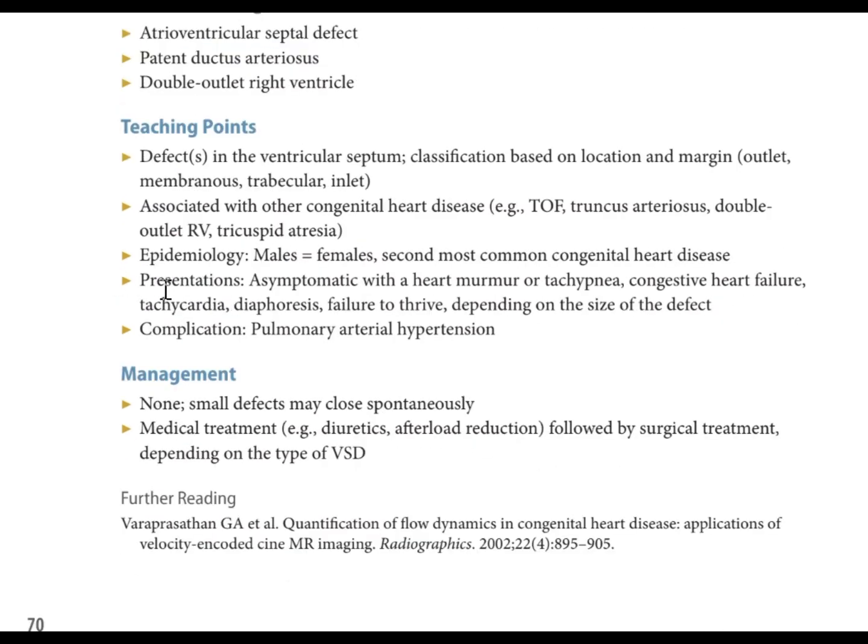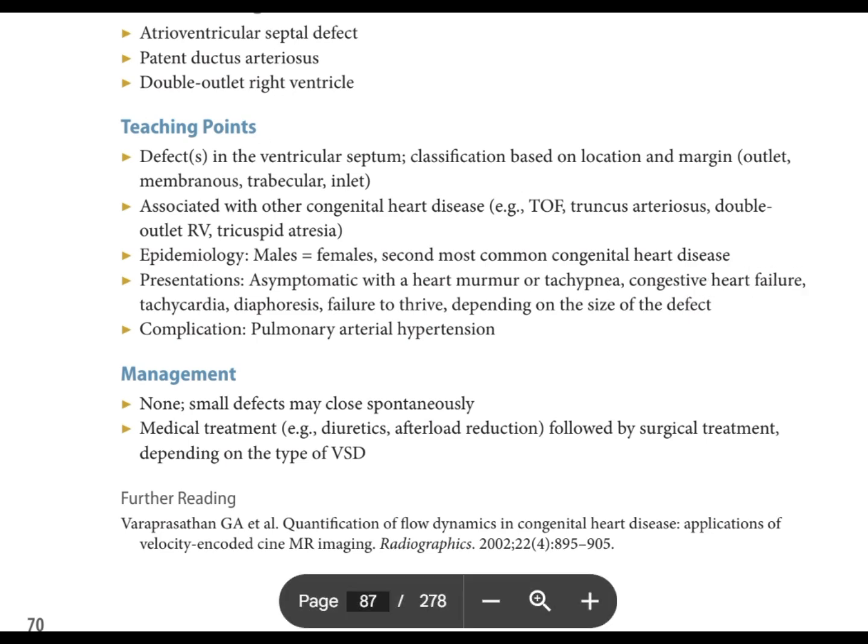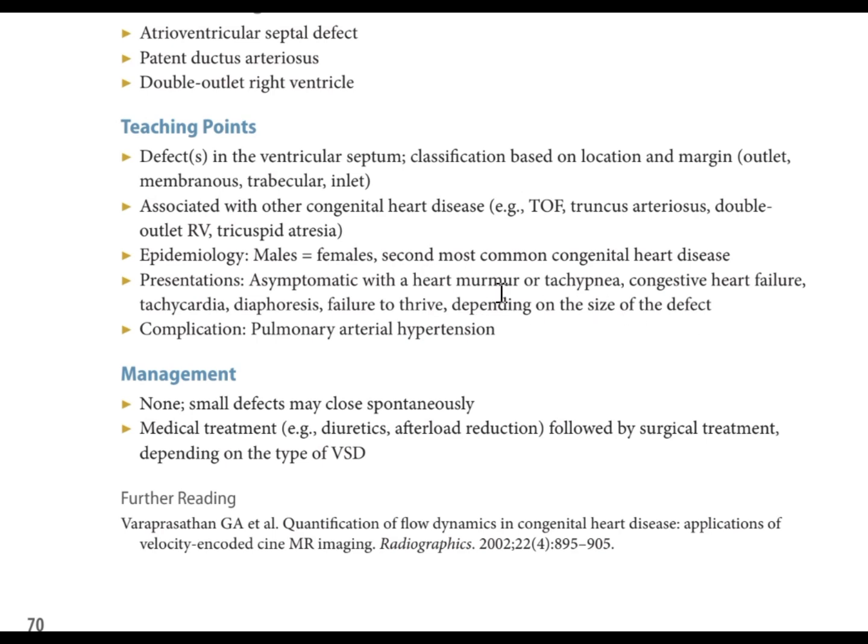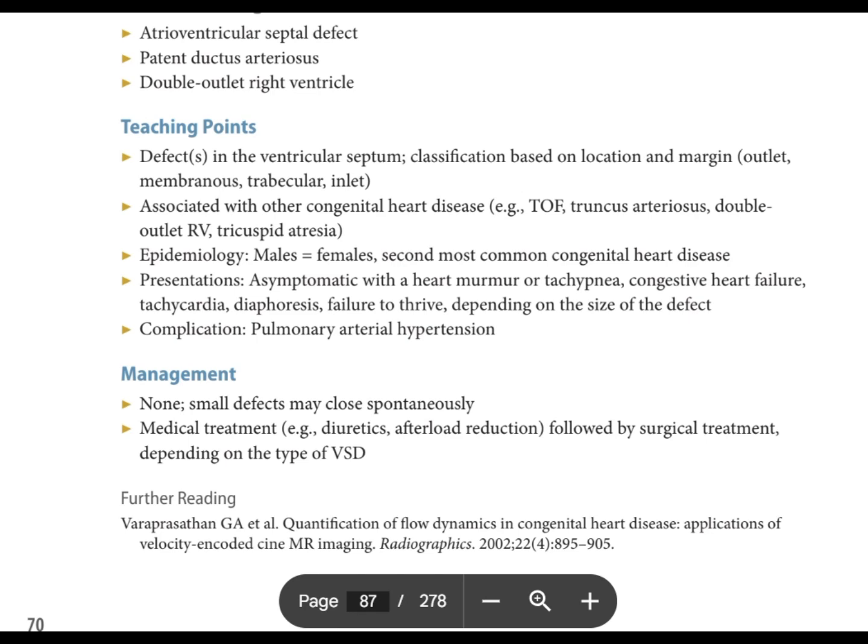The presentation of VSD: asymptomatic with heart murmur, or tachypnea, or congestive heart failure. The murmur is a pan-systolic murmur, as I mentioned. The complication is pulmonary arterial hypertension.